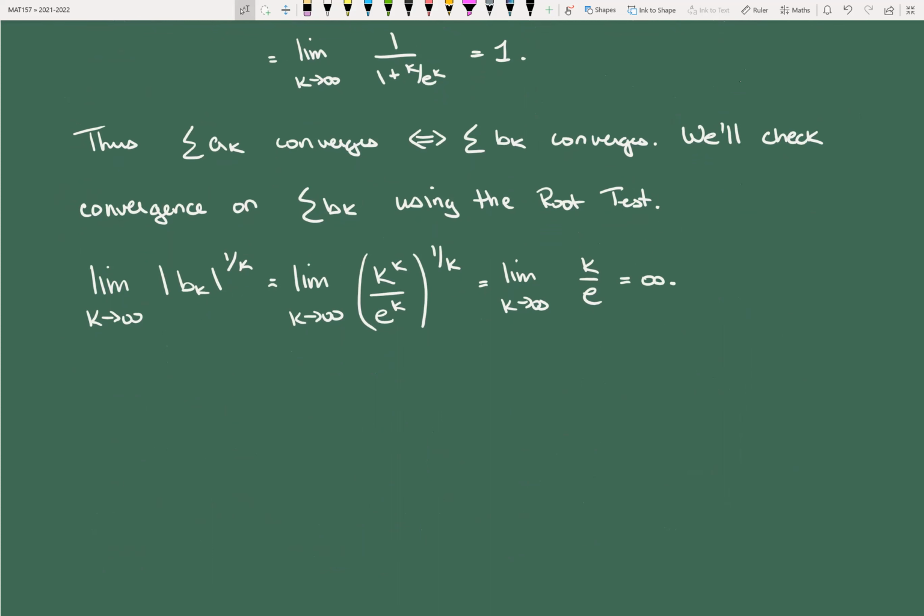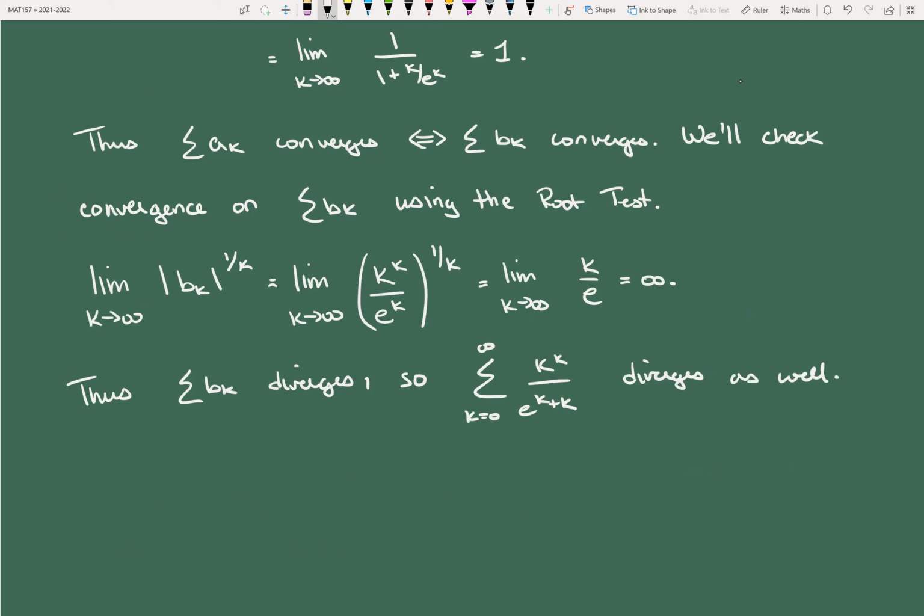But having a good intuition for how quickly things grow is nice. Anyway, this is equal to infinity. Therefore, b_k diverges. So that tells us that our original series diverges as well. And we're done.